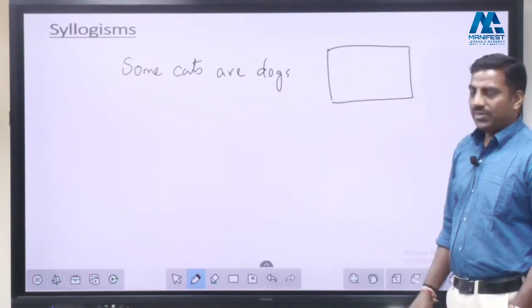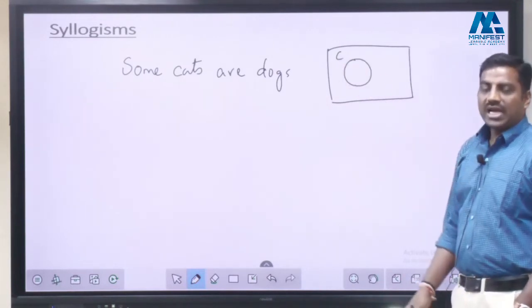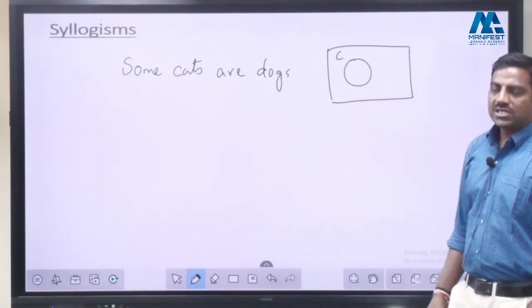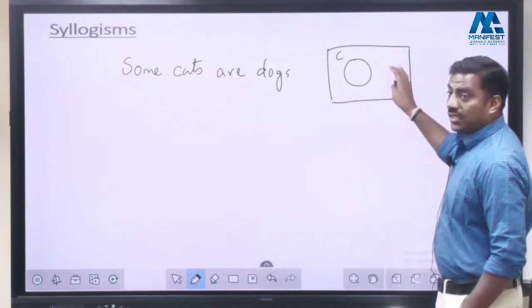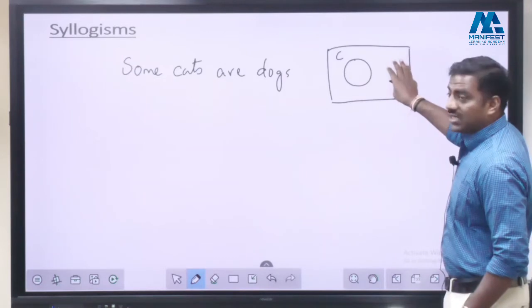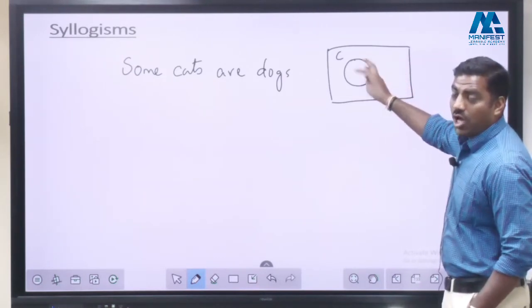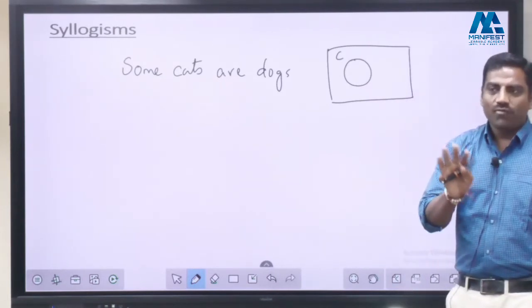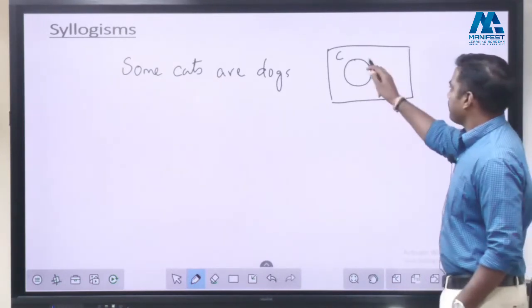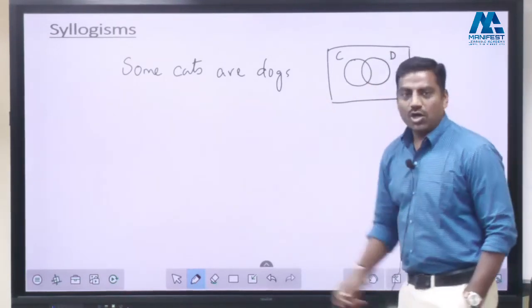Now tell me, if I write this as the circle for cats, and if I want to write one more circle for dogs, where should I write? Should I write the dog exclusively outside of cats, or inside the cats, or coinciding with cats? Some kind of overlapping. Why? Because they are telling some cats are dogs.